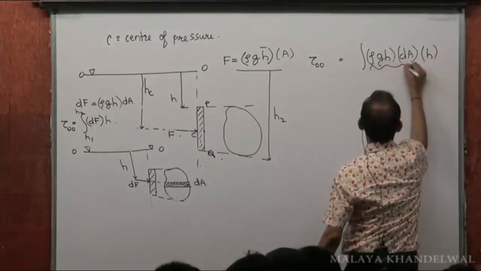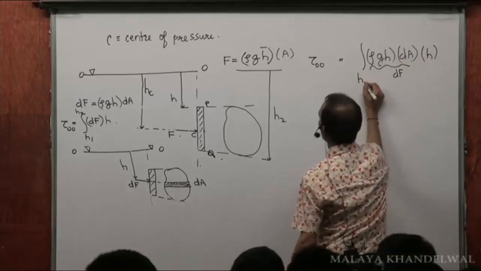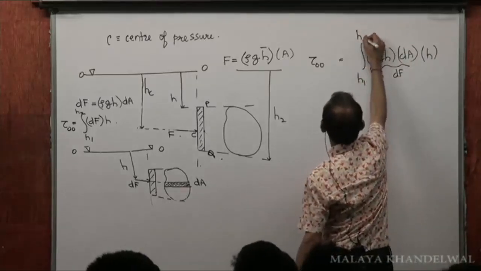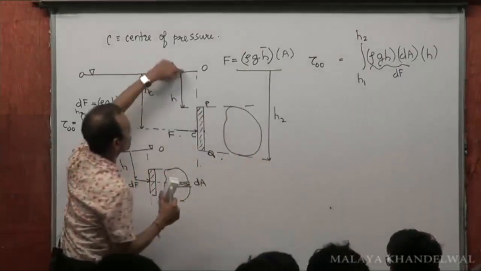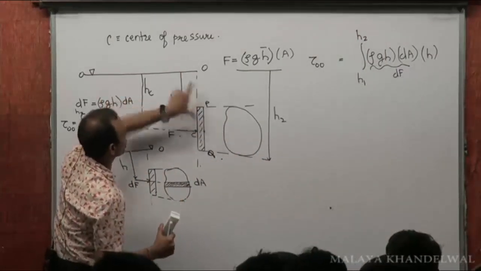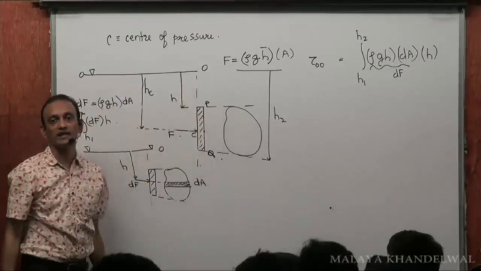This was the force dF into h. That's the moment, where h runs from h1 to h2. That's the total moment. And in this case, if this was the direction of the force, then about this free surface, for the shown figure, the torque would be anti-clockwise. Yes or no?